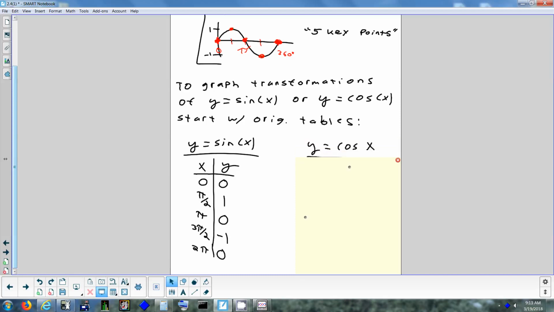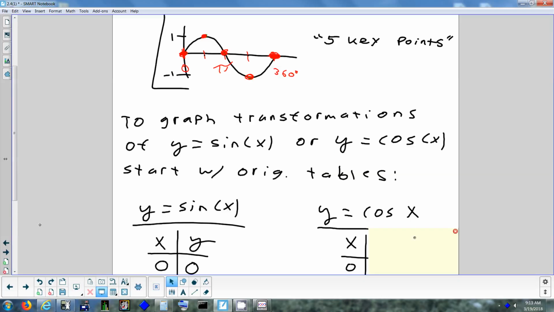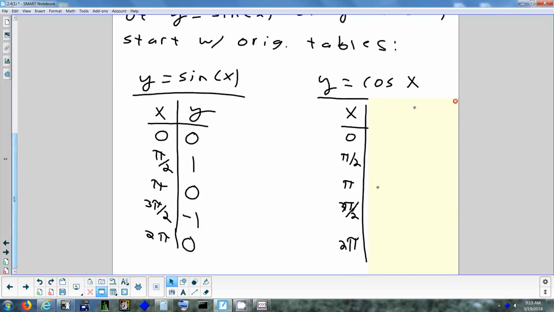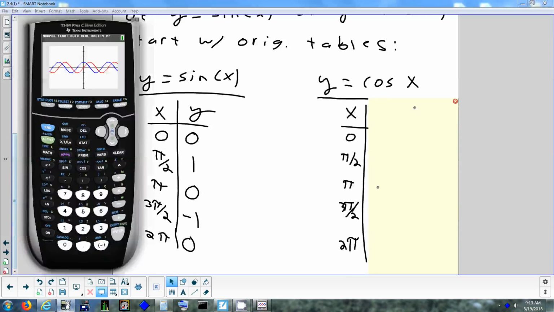For cosine, we have a little bit different table. Same x values, because we want to pick x values that are nicely spaced. So the x column controls the spacing. So we've got 0, pi over 2, pi, 3 pi over 2, and 2 pi. But let's look at our graph in blue. I'll get rid of the one in red so it doesn't look confusing.